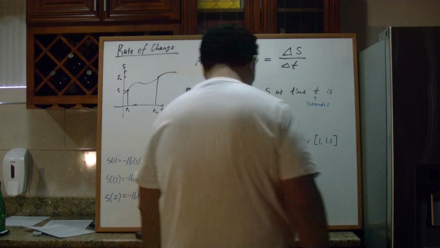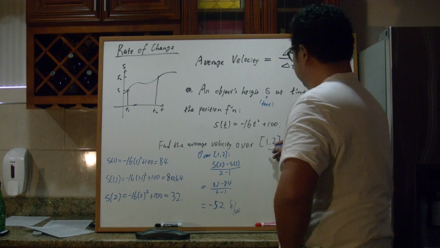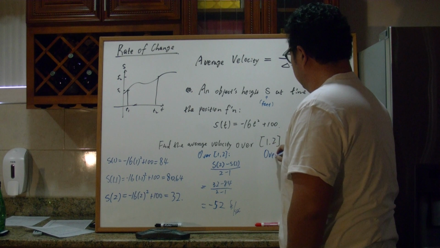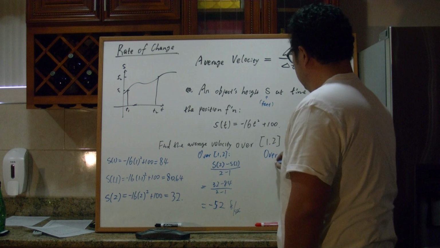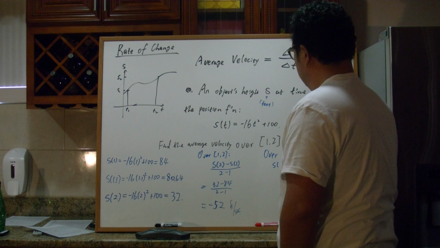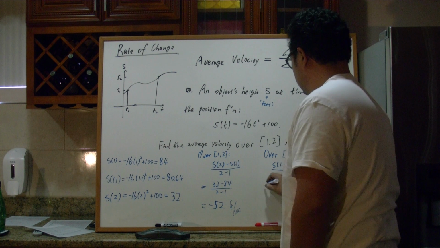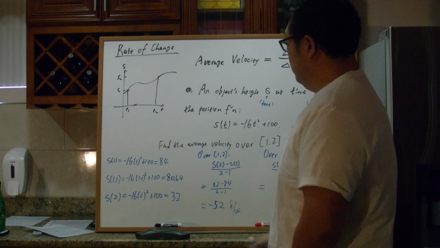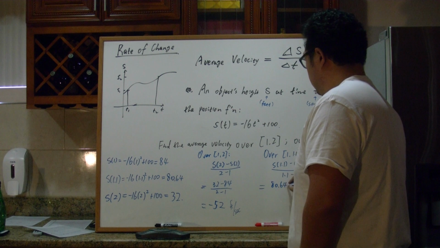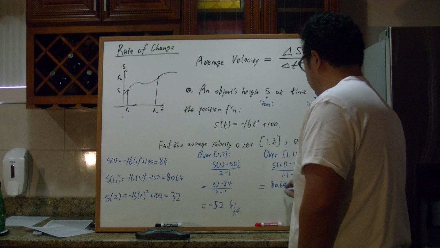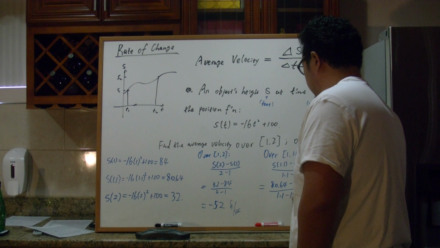Then over 1 second to 1.1 seconds, that's 80.64 minus 84 divided by 1.1 minus 1.